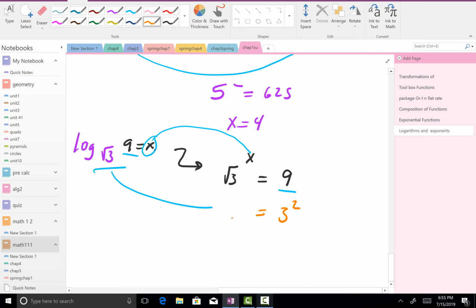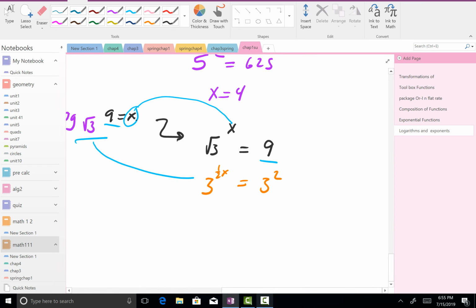Now I just have to figure out what I can write the square root of 3 as. A square root would be 3 to what power? 1/2. So that would be like 1/2 x.